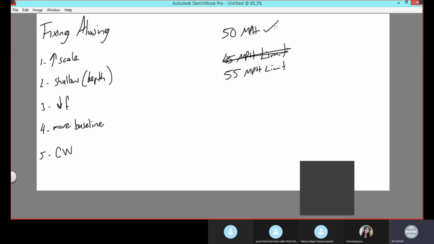So you didn't slow down by any means. You kept your 50 miles per hour because you're a speed demon. So you're like, no, I'm keeping my 50 miles per hour. I'm going to Chipotle. But if you are running through a 45-mile zone, speeding. So one way to fix it, go on a different highway that has a higher speed limit, and now you're fine. Okay, that is what your scale does.